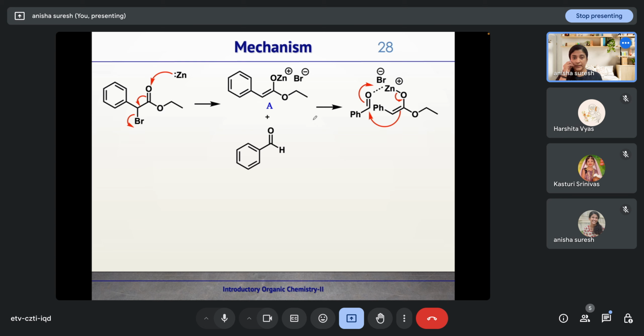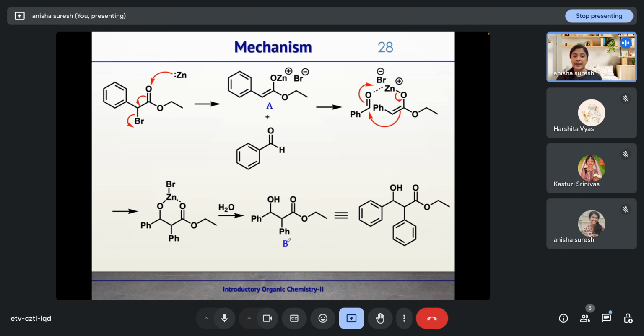It will coordinate in this fashion, like a six membered transition state. So this O-Zn bond will break, leading to formation of this bond here, and this carbon carbon bond will break and add on to this aldehyde, and this O-Zn bond will form here. So we will get this intermediate, and upon hydrolysis it will give this compound B.